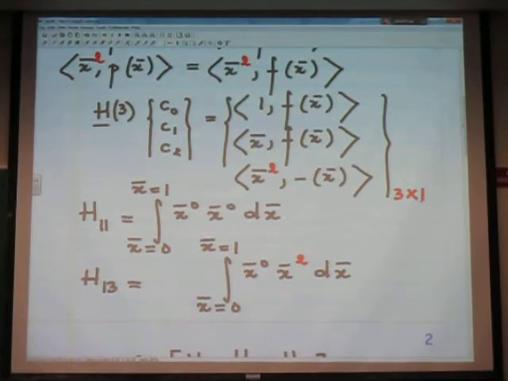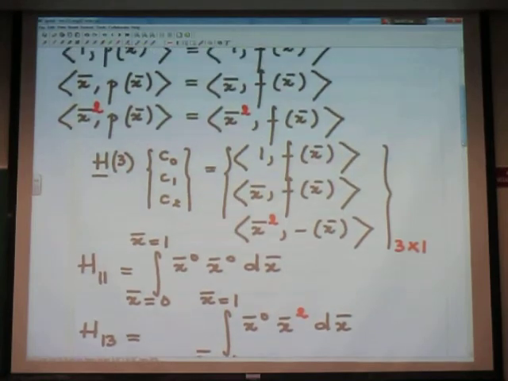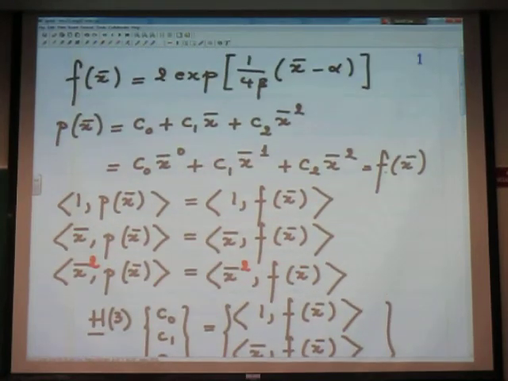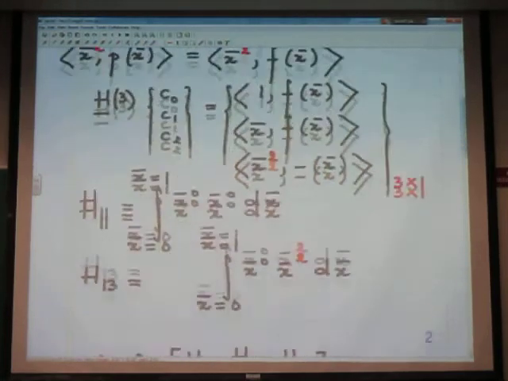Instead of working on an interval from -2 to 4, if you do the projection on the interval from -2 to 4, you don't get the Hilbert matrix because the integral would be different. So this is projection in x bar space here. If you do projection in x space, then this is the formula.